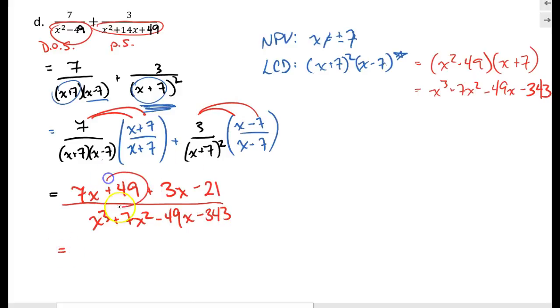If I simplify this, these two are going together, these two are going together. So I've got 10x and then positive 28 all over my crazy denominator.